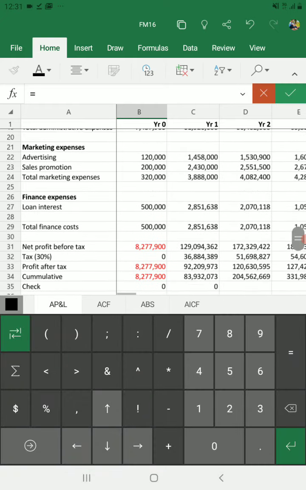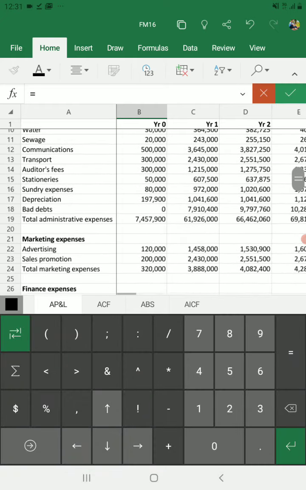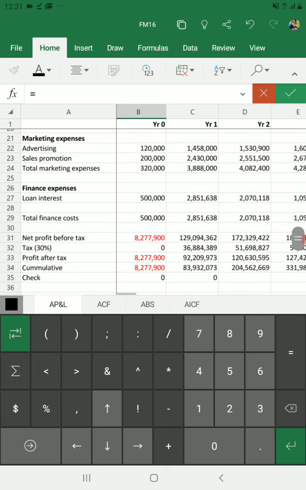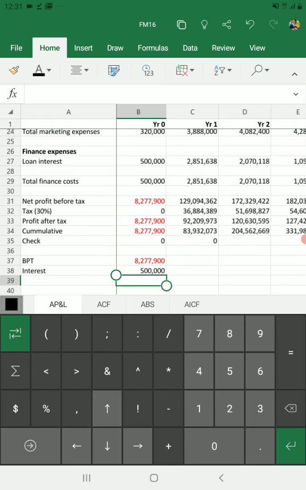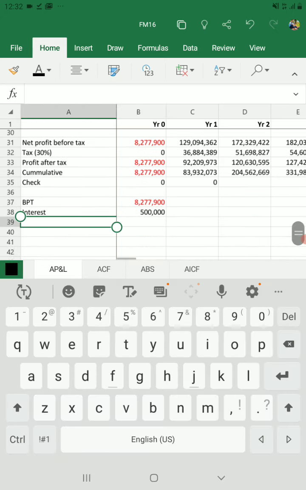So start with equal sign and then pick the interest figure, which is here in finance expenses. This is total finance costs, so that is the interest component. So we add it there, and after adding it, that is the only expense item that is related to financing.